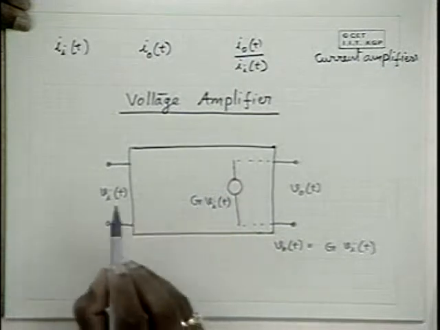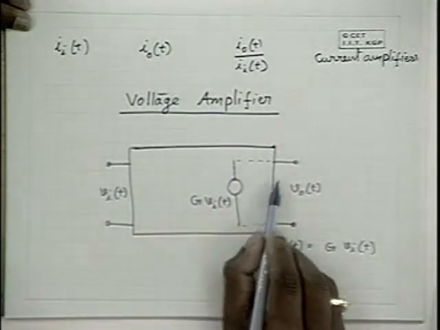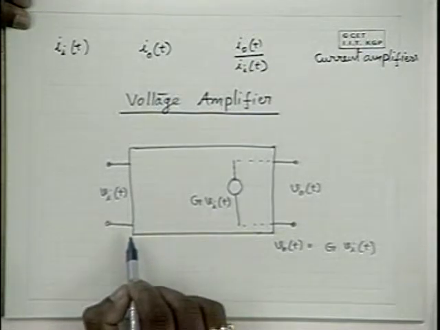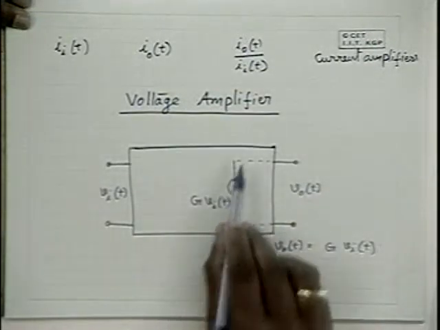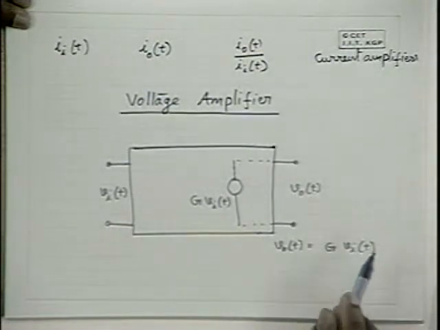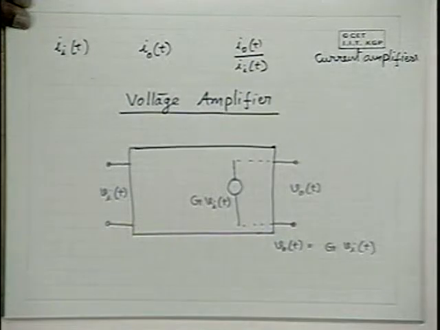It is a voltage dependent voltage source. The output voltage depends on the input voltage. Hence, as far as output is concerned, this amplifier can ideally be modeled in this form.